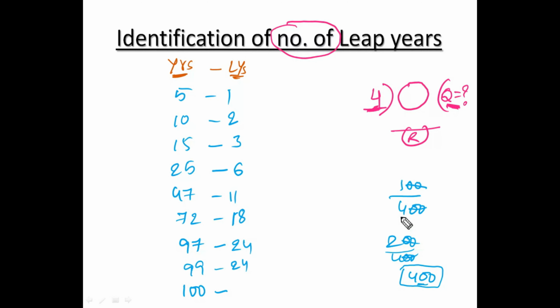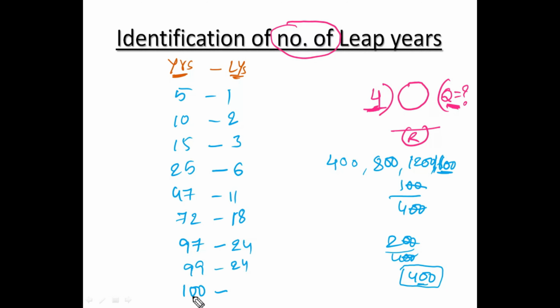What is the first leap year with respect to centuries? Yes, 400. What is the next leap year? 800. Next leap year? Yes, 1200, 1600. What about the remaining centuries? They are not leap years. Keeping all these things aside, we'll see them later.